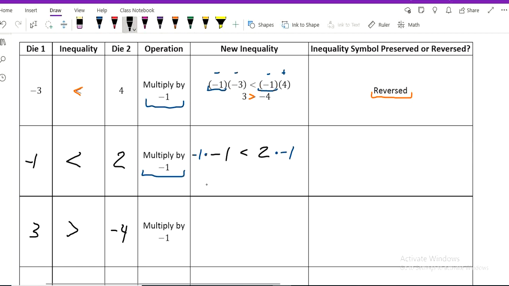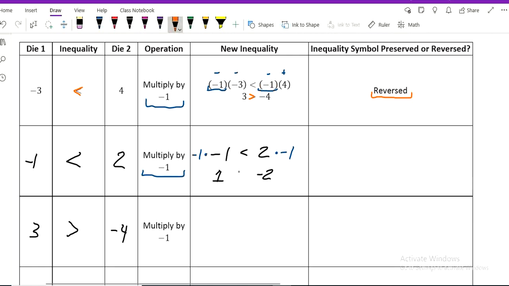If you type that in your calculator, or if you remember, when you multiply 2 negatives by each other, they become a positive. So on this side, we actually have positive 1 now. And then on this side, we have positive 2 times negative 1. That's going to give us a negative 2. So now look what happens to our sign.